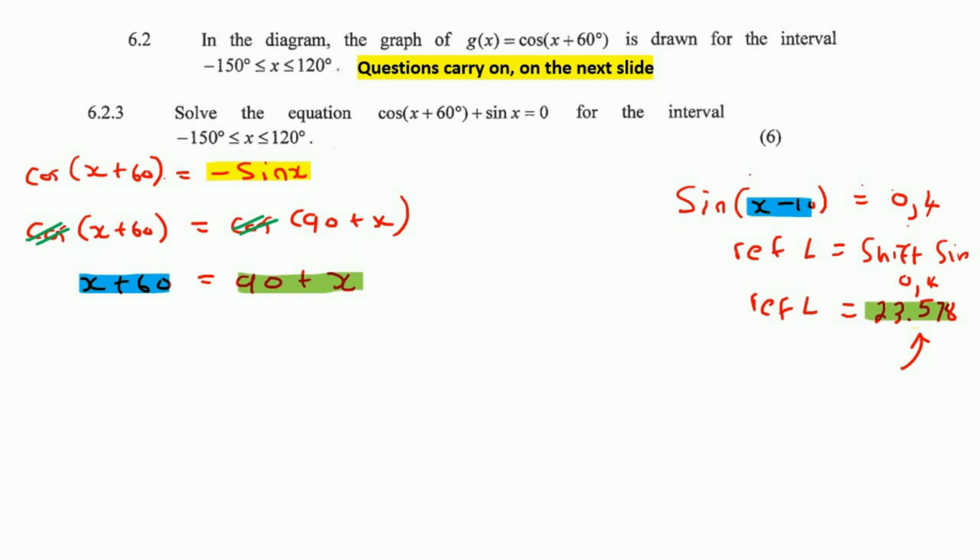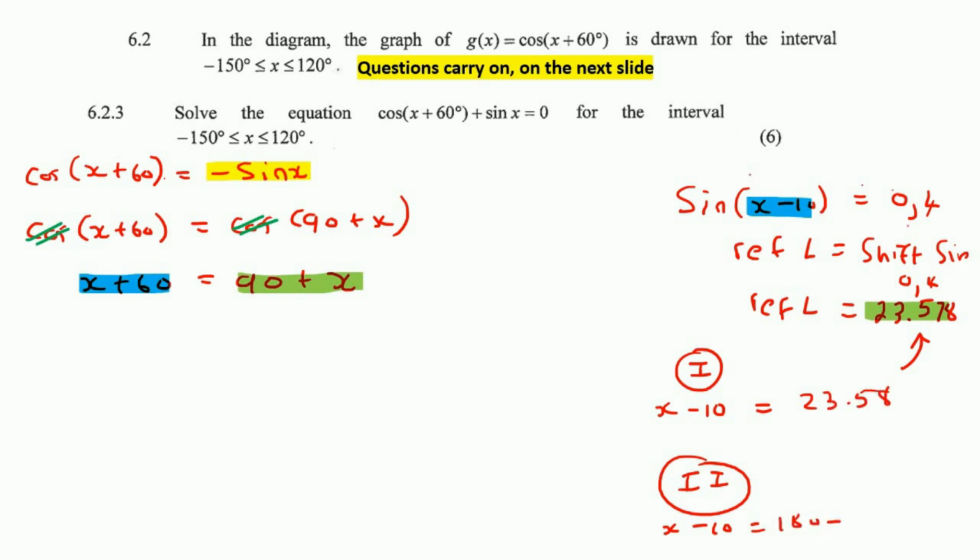Because if we were to carry on over here, you would work in quadrant number 1 and quadrant number 2. You would start off by saying x minus 10 equals, and for quadrant 1, you would just put the reference angle, the 23.58, but for quadrant 2, you would say 180 minus your reference angle.